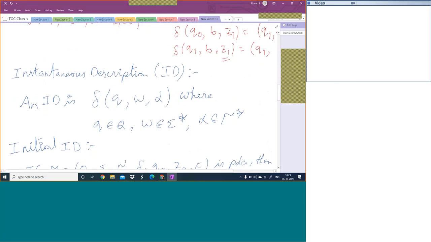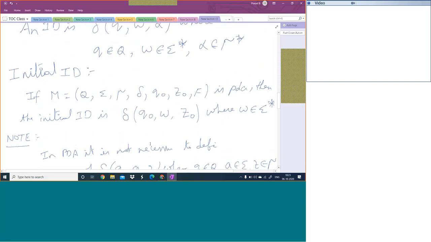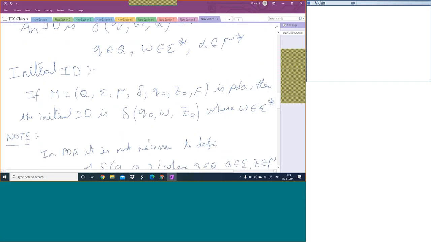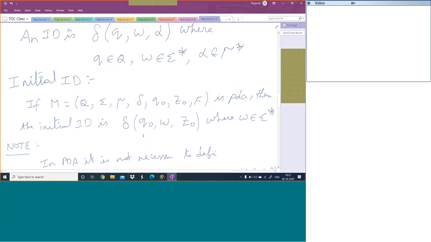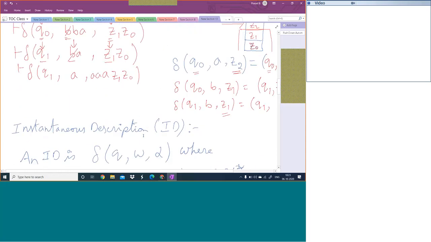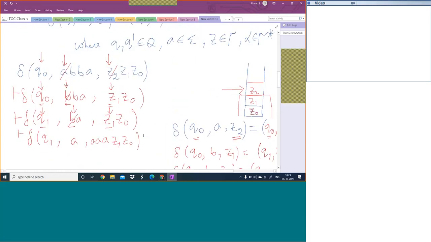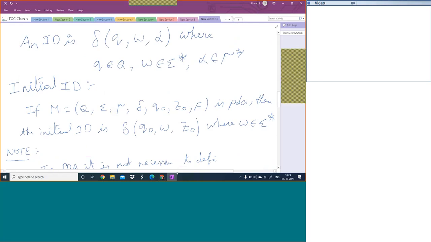Next, initial ID. Suppose this is a PDA: Q, sigma, tau, del, Q0, Z0, F is a PDA.